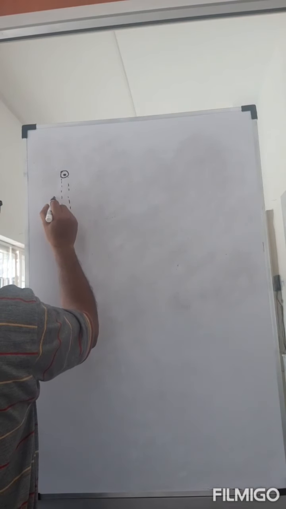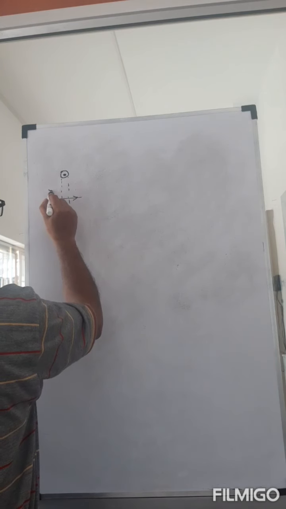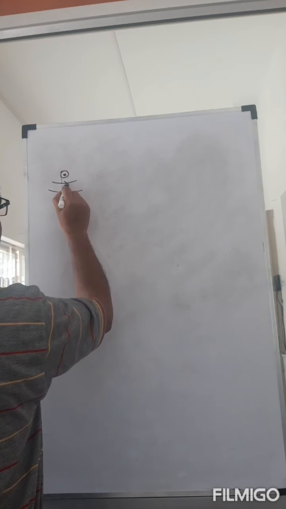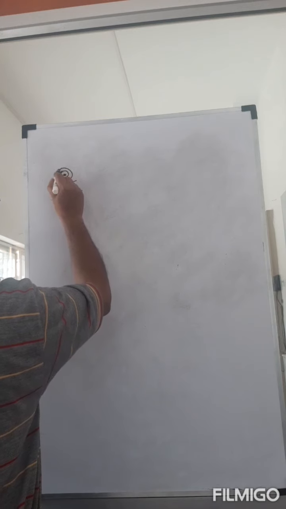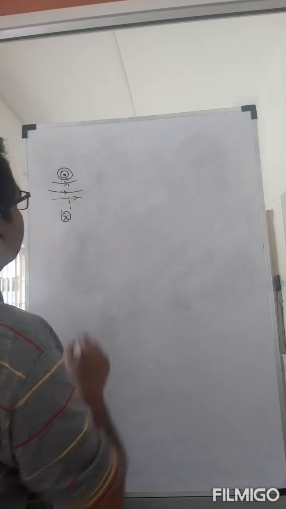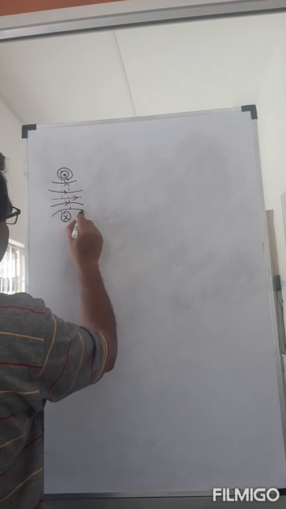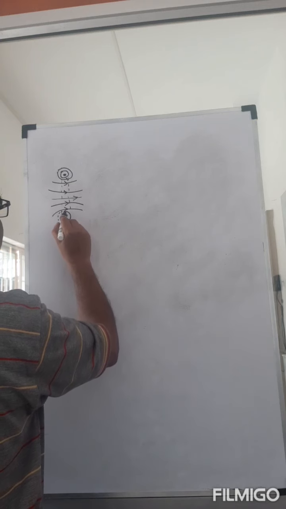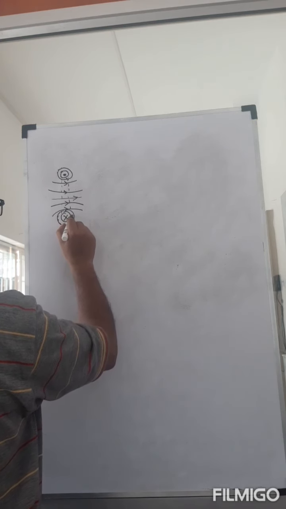Clearly at the center it will go straight, and then the field lines will be like this, likewise on this side, and maybe like this.